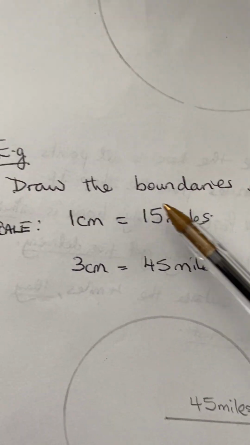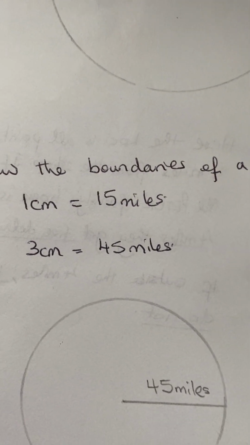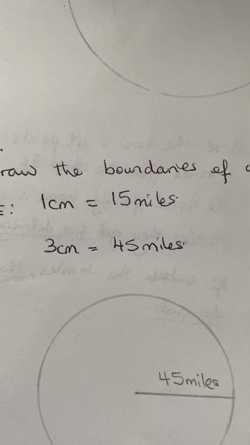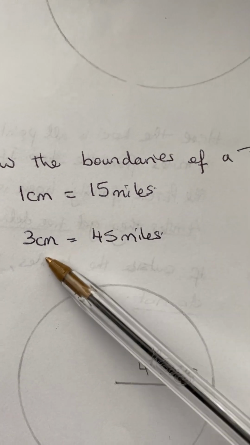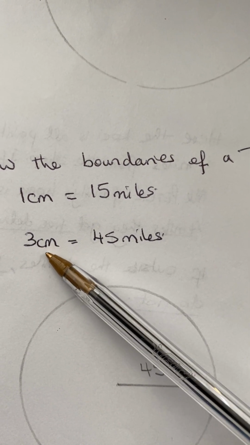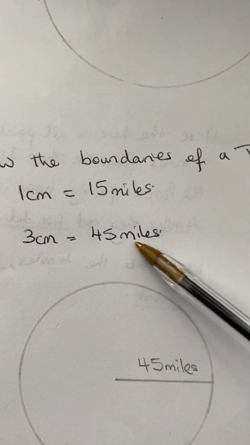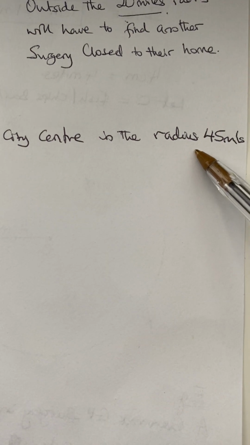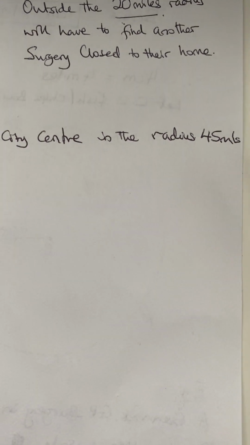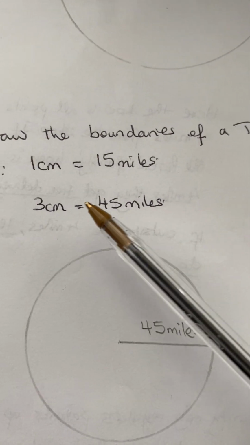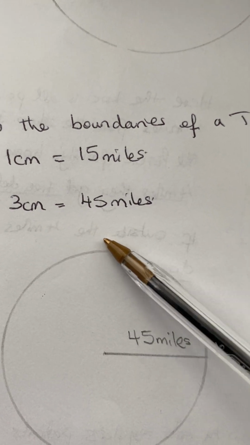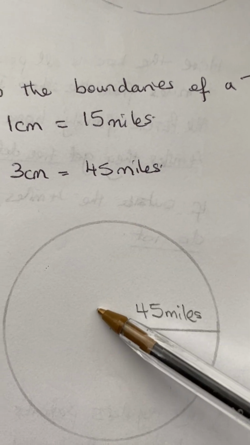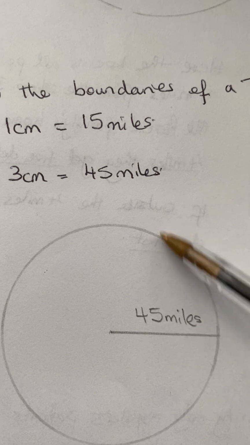So they can even just ask you a simple question like that. It doesn't involve any calculation apart from saying 3 centimeters is 45 miles, because the boundary of the loci is 45 miles. So you calculate that, and then you use that to draw your boundary.